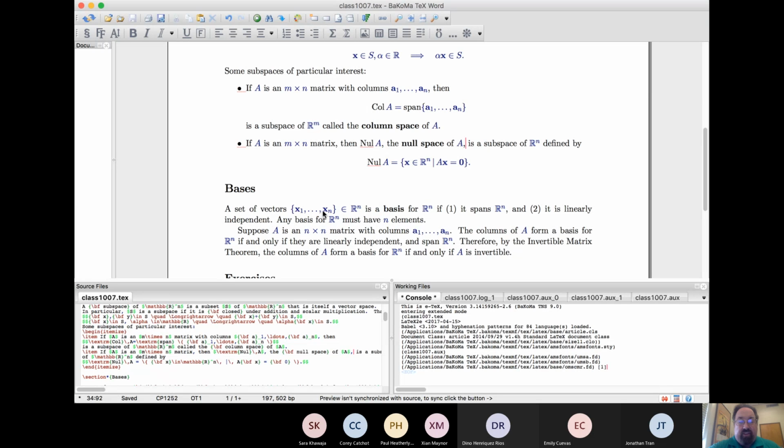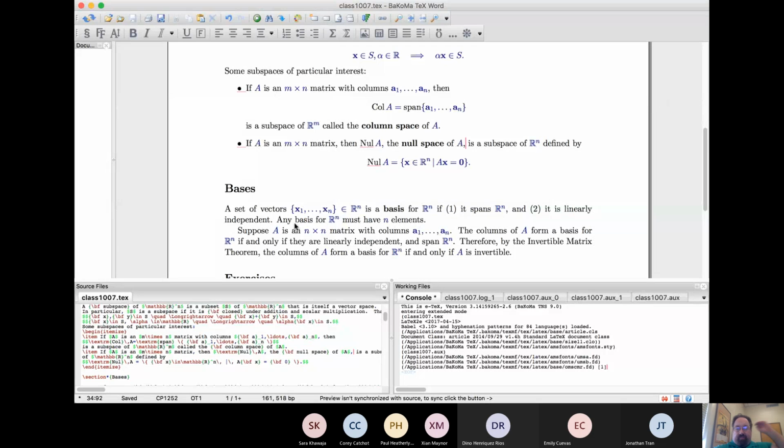Suppose we have a set of n vectors coming from Rn. So the number of vectors has to equal the dimension of the space you're pulling from. This set of vectors is a basis for Rn if it spans all of Rn and it's linearly independent.